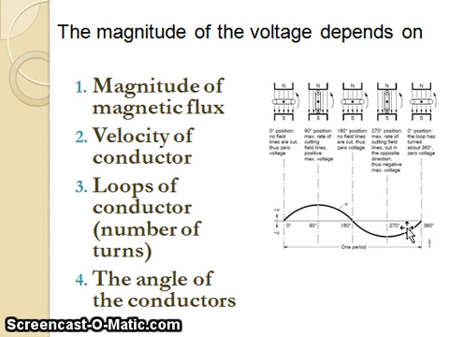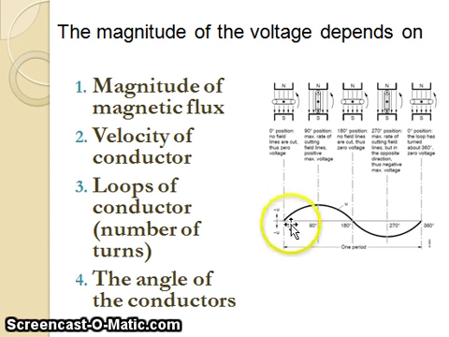Okay. So what are the factors that affect the voltage output? If you refer to Faraday's law, it depends on the rate at which the conductor cuts across the line of force.